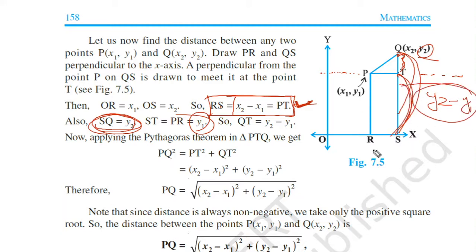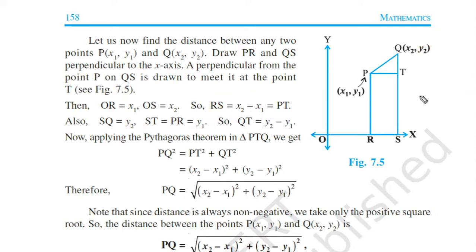So Y2 minus Y1, now we got the length of QT. So QT is equal to Y2 minus Y1. Clear? We got two lengths now. PT is equal to x2 minus x1. Similarly, QT is equal to y2 minus y1.